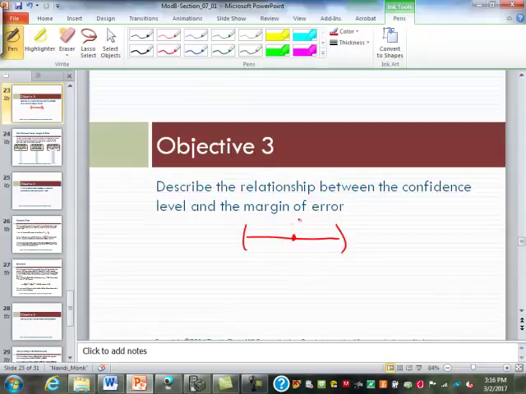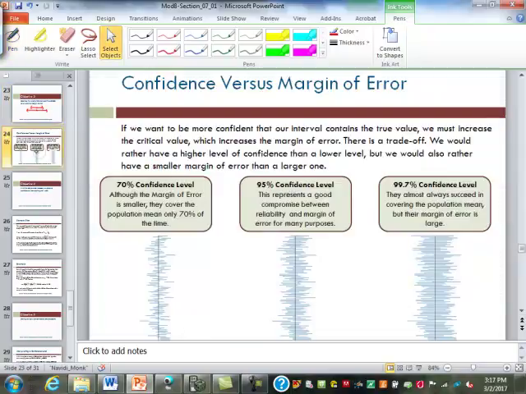The chances of catching the population mean are smaller. If I want to be more sure, more confident, I would make a wider interval. So that has a better chance. I'm more confident now with that wider interval that I have captured the true population mean within that interval.